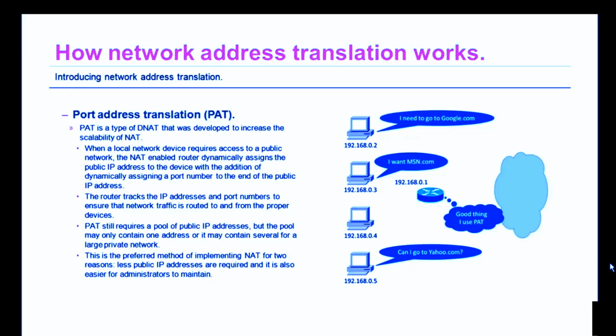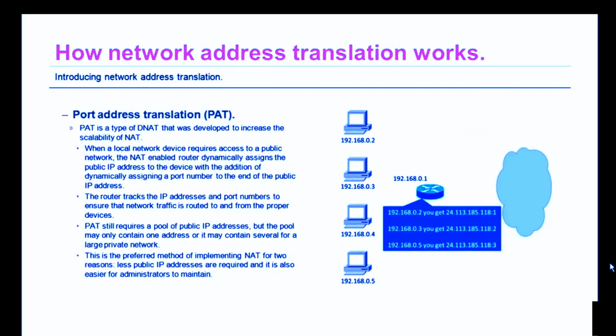PAT is a type of dynamic NAT that was developed to increase the scalability of network address translation. When a local network device requires access to a public network, the NAT-enabled router dynamically assigns the public IP address to the device with the addition of dynamically assigning a port number to the end of the public IP address.